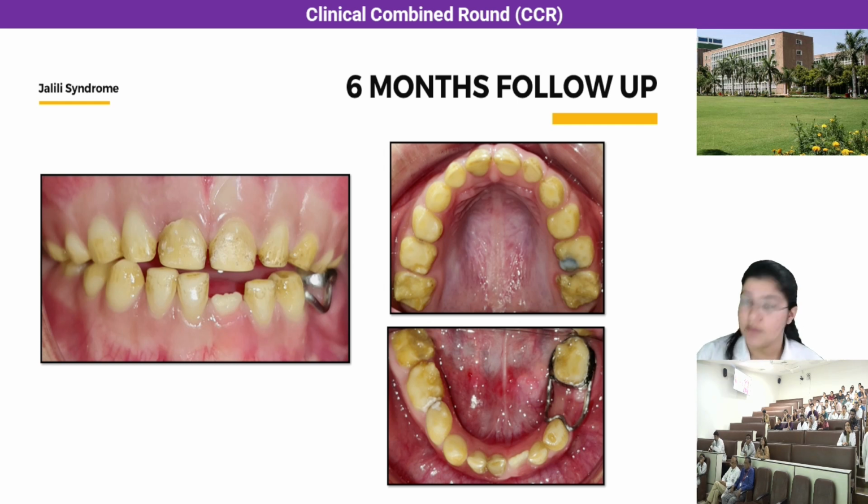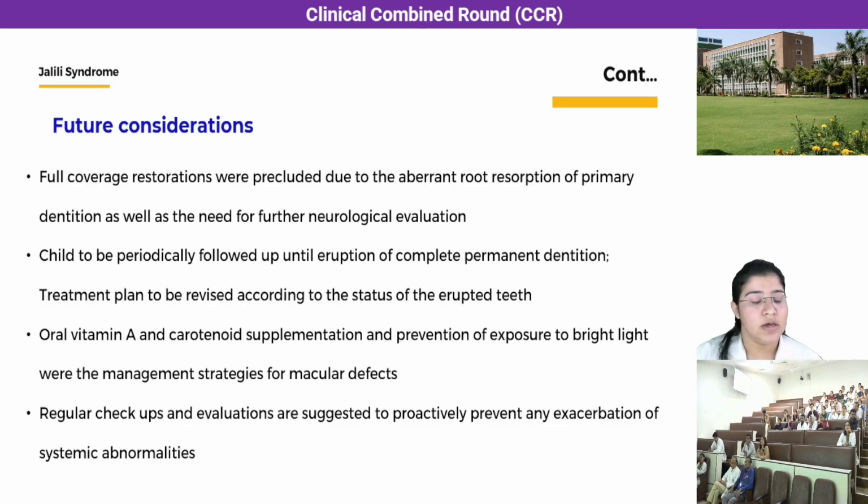At the 6-month follow-up, we can see the lower incisor was erupting, the patient was asymptomatic, and the band and loop was in place. In cases showing teeth with structural deformities, usually full coverage restoration is indicated. Whereas in this case, full coverage restoration was precluded due to the aberrant root resorption of primary dentition in multiple teeth, and further the need for neurological evaluation, that is, an MRI was prescribed, and the child is to be periodically followed up until eruption of the complete permanent dentition, and the treatment plan revised according to the status of the erupted teeth.